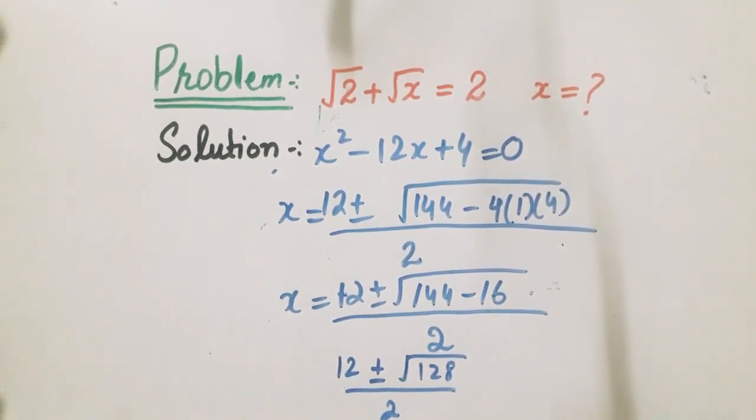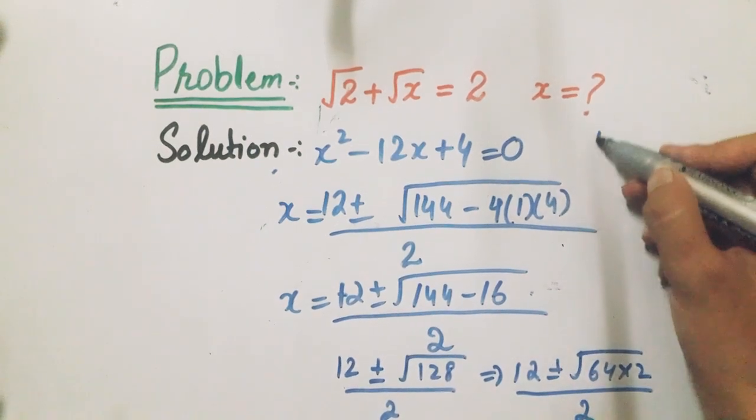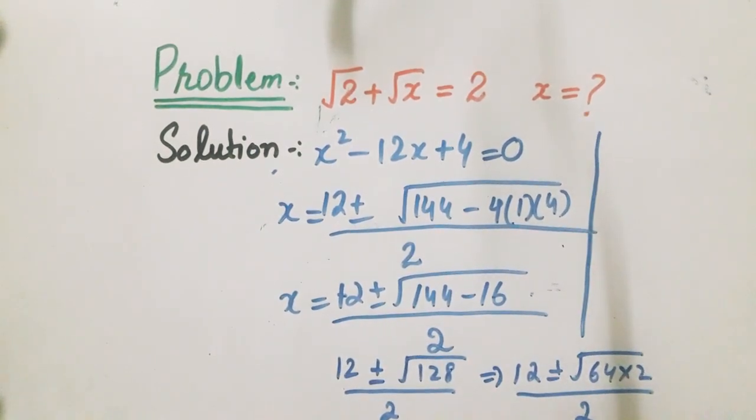So square root 128 is basically 64 multiplied by 2. So we will write this as 12 plus minus square root 64 multiply 2, divided by 2. Now 64 is the square of 8.